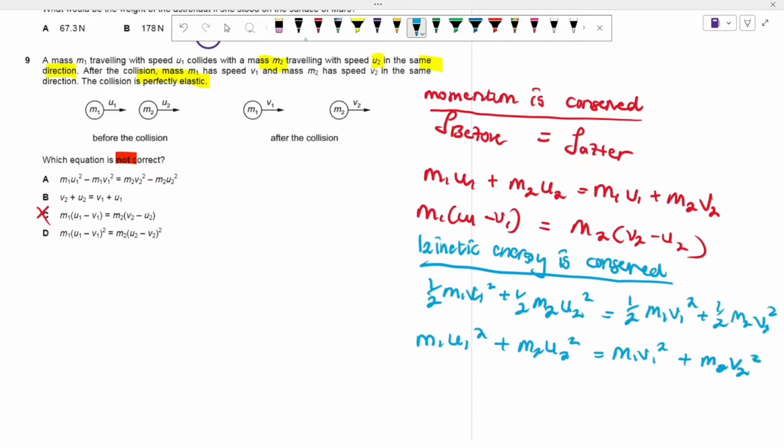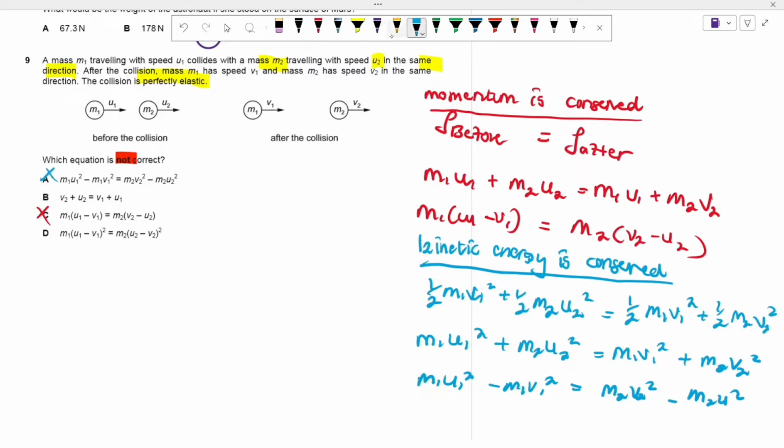So if we were to put everything on one side, we're going to have m1 u1 squared minus m1 v1 squared is equal to m2 v2 squared minus m2 u2 squared. If you look at this, this is A, right? So it means that A is correct, so A cannot be the answer, right? Because the question is saying which one is not correct, so A will be out.